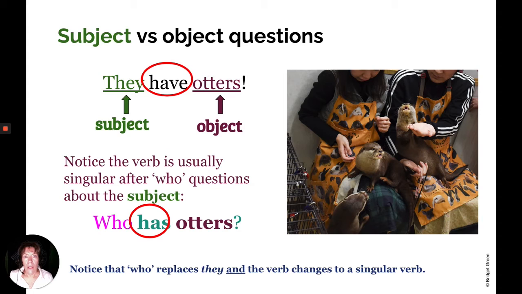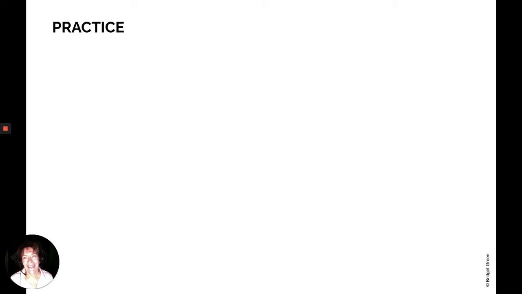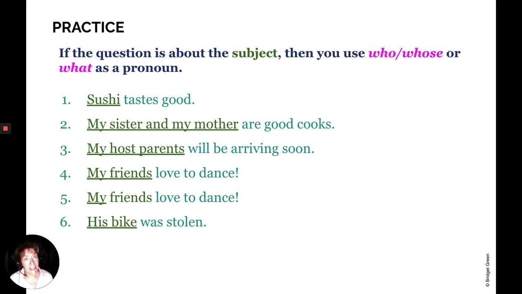So, notice that they have otters. We just have who replaces the they, and the verb changes to a singular verb. Let's practice. Right. You're going to see some statements, and they are all about the subject, and you have to write questions about those subjects. Be careful about the verbs. Okay? Have fun.